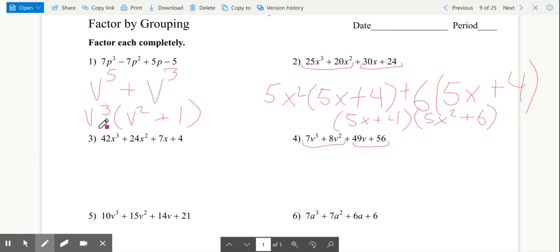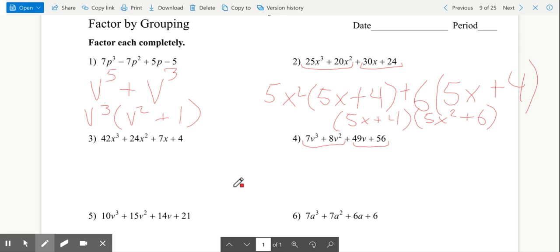V cubed divided by v cubed is 1. V to the 5th divided by v cubed, 5 minus 3 is 2. So whenever you have variables, if they're the same variable, you're going to pull out whatever the smallest exponent is. So this is just an example. This is not what's going on here.